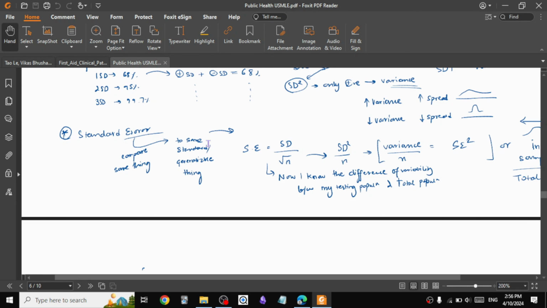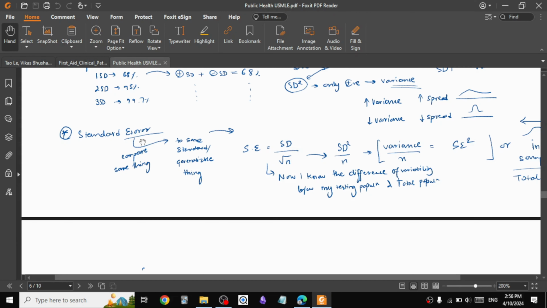What we actually do is conduct experiments in the lab, and we're trying to extrapolate that data to the population. So if I conduct a study based on just 100 participants or 1000 participants, how does this data compare to the overall population data? This is what standard error tells us.